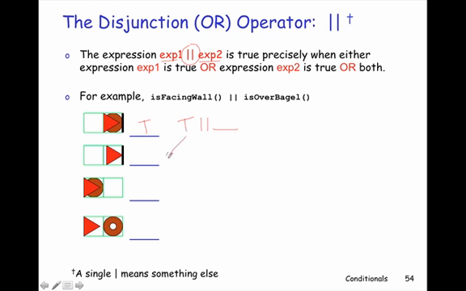And the same is true in the second case. It's facing a wall, so it's also true, regardless of whether it's over a bagel or not. In the third scenario, it's not facing a wall, but it is over a bagel, so since at least one of the operands is true, the result is true. And in the final scenario, it's neither facing a wall nor over a bagel, so it's false in both cases, so the result of that is false.